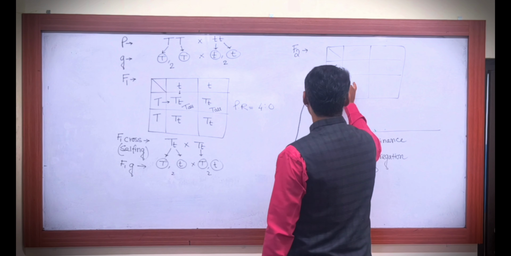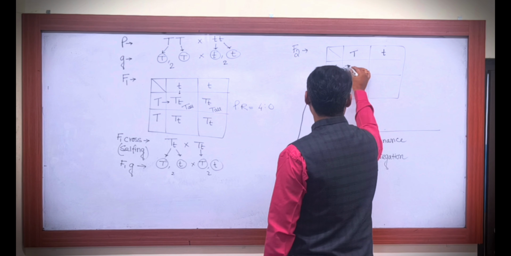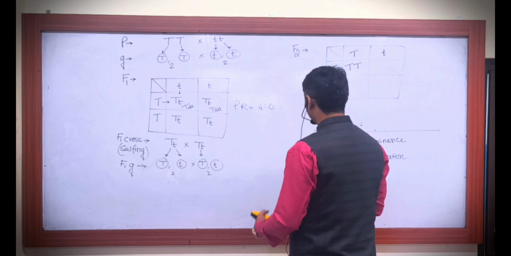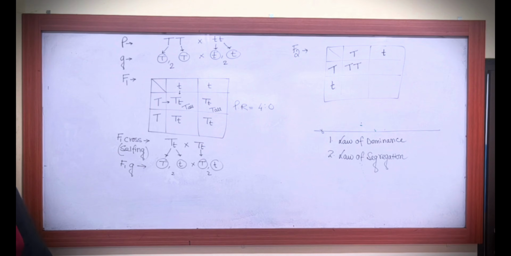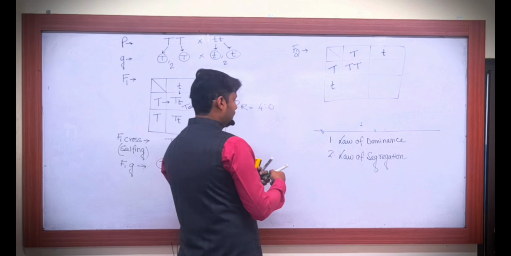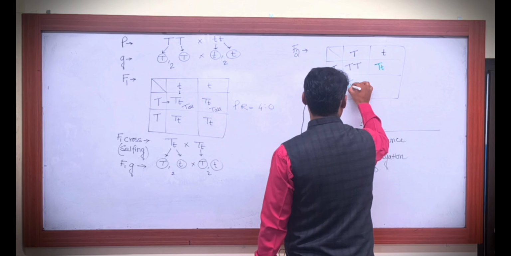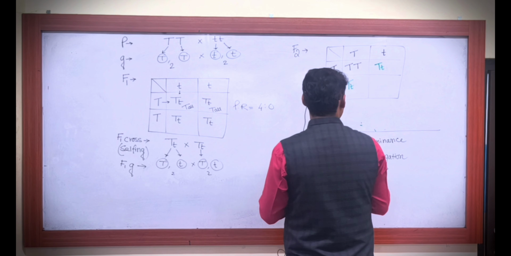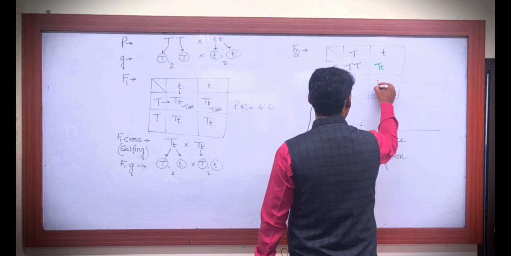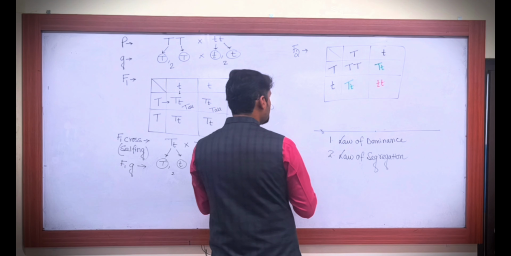So capital T, small t, capital T, small t. So here capital T, capital T. Next capital T, small t, next capital T, small t, and the last one is small t, small t.